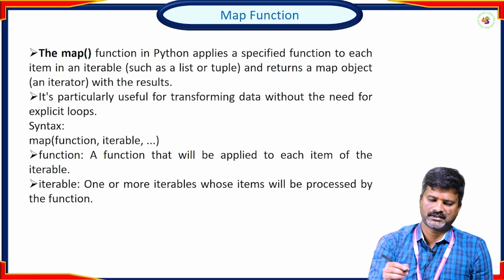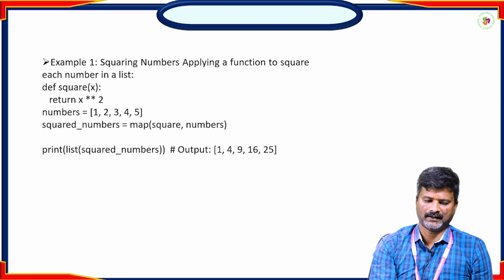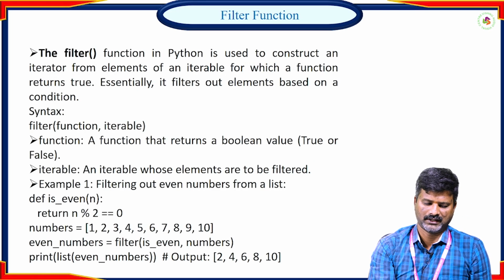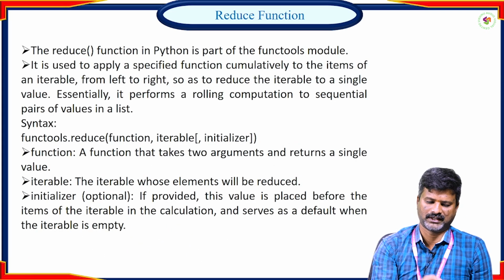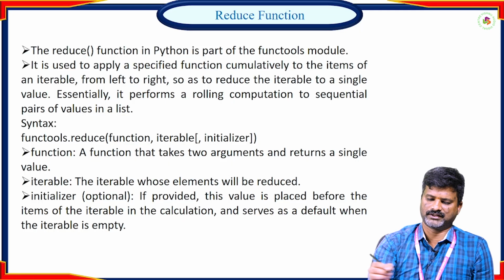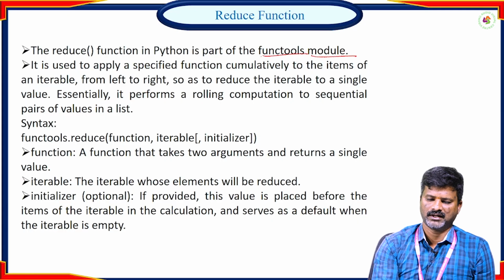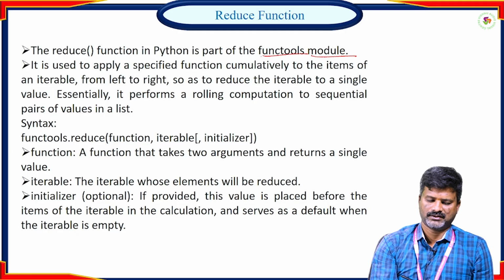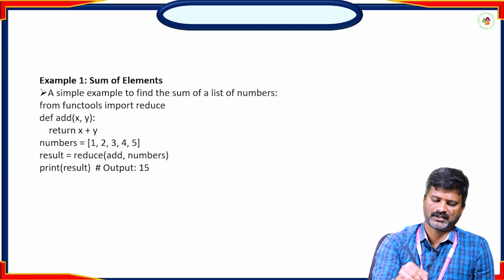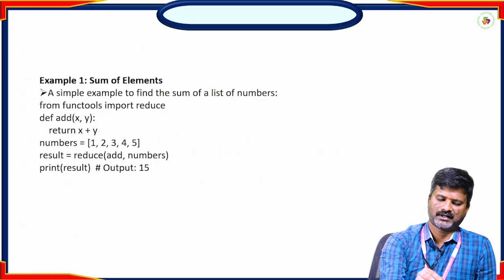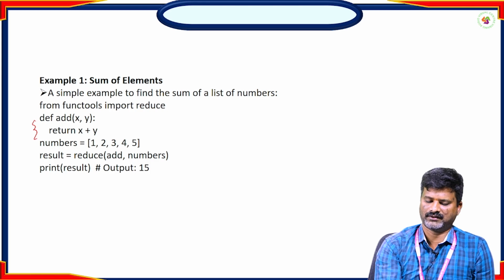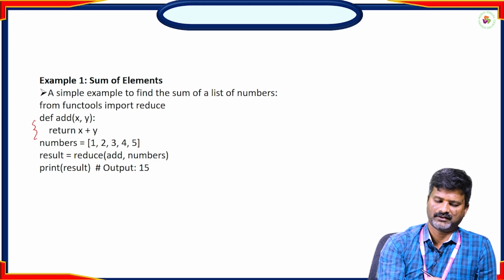And we already discussed the map function clearly. The filter and reduce functions we also discussed already. So we need to import the functools module whenever you want to use the reduce function. So for some of the elements we are using the reduce function, something like this. We are defining the definition, return x plus y. This is built in.